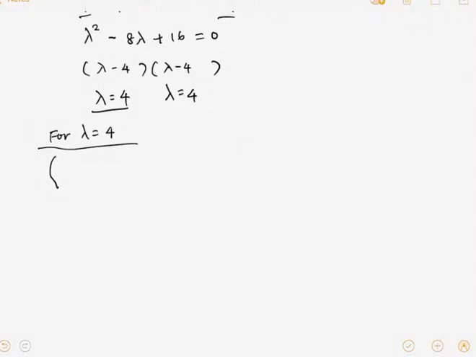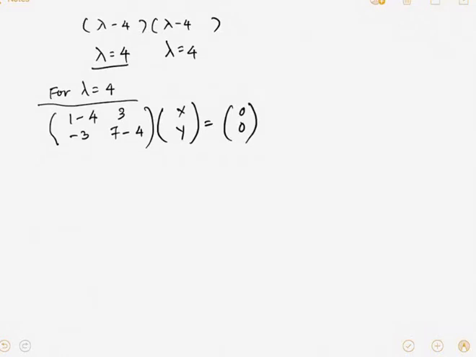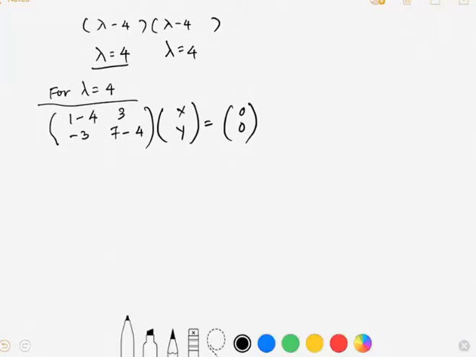So you have 1 minus lambda, where lambda is 4, 3, negative 3, 7 minus lambda, with lambda equal to 4, times x and y, then you find what the y value is.